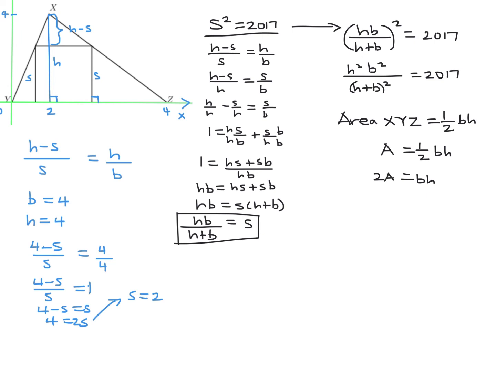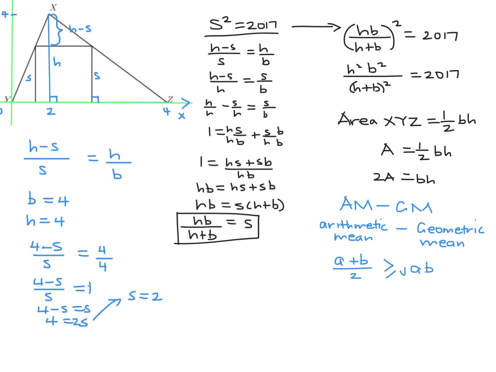Okay, so now this is where we have to use something called AM-GM. AM-GM, some of you know, some of you don't know. It's arithmetic mean, geometric mean. It's an inequality, arithmetic mean, geometric mean. And it states that if you take the arithmetic mean of two numbers, so a plus b divided by 2, it will be greater than or equal to the geometric mean, which is a times b under the square root sign.